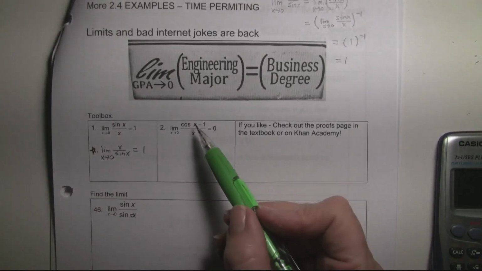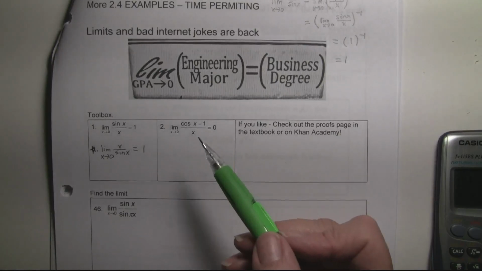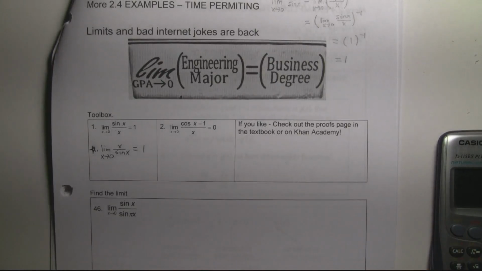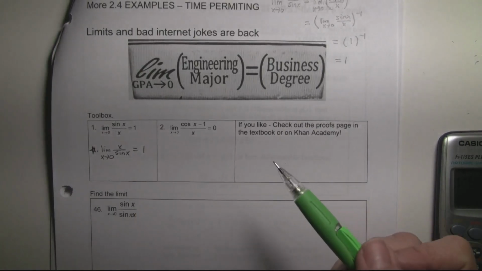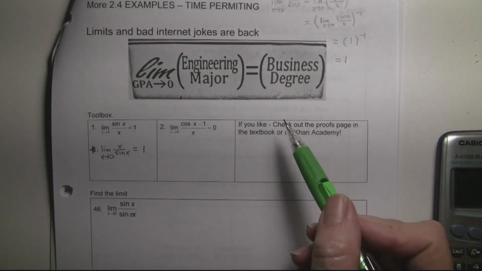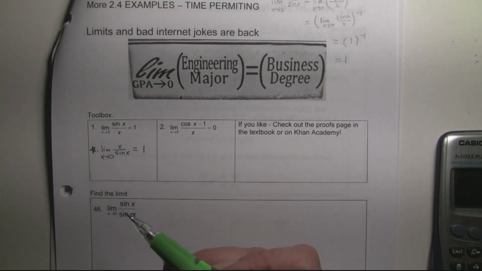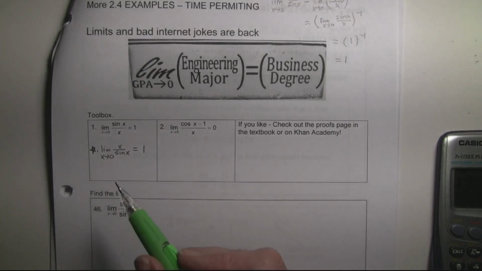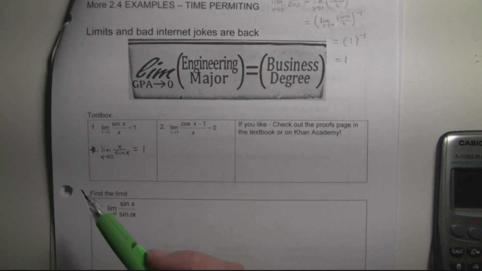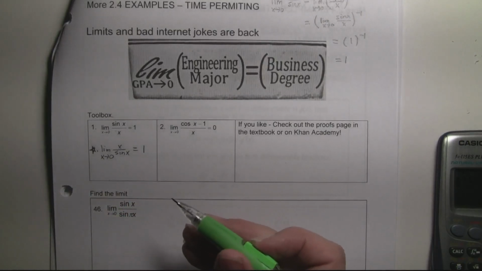And then this one right here, there's a proof of it as well. Just right underneath that other one that I showed you, you can prove this one. This one's actually not as hard to prove. And if you like, you can check these proofs out on Khan Academy. I wouldn't ask you to prove these on the test. Just writing out the proof would take probably the whole entire period.